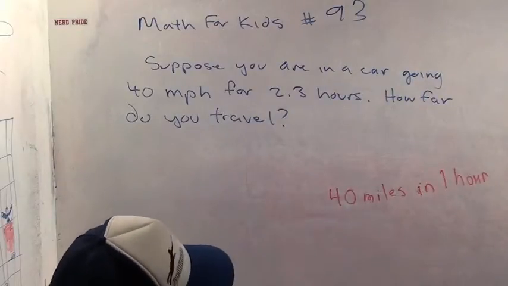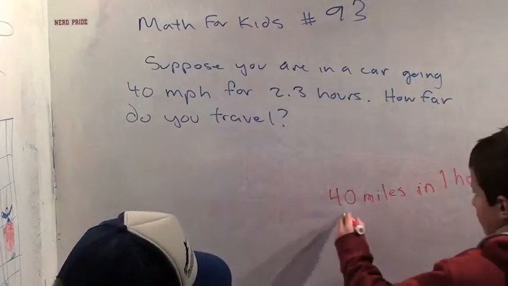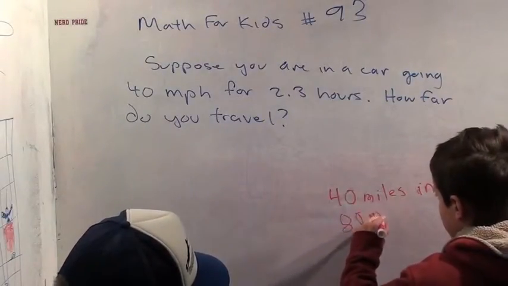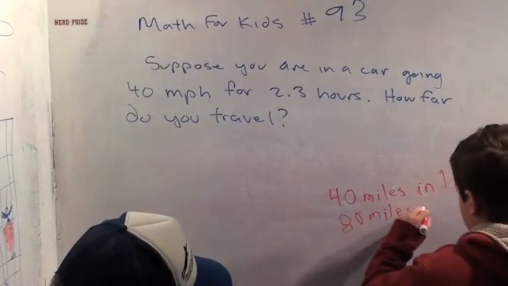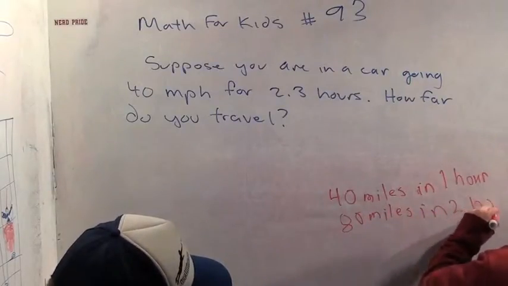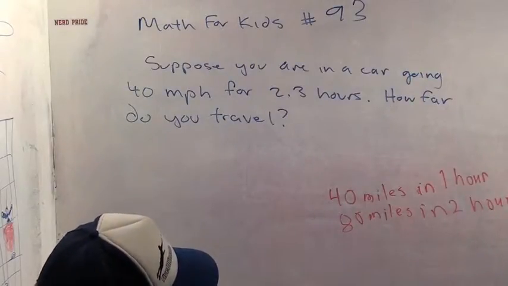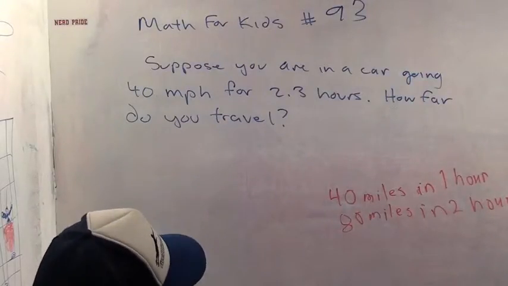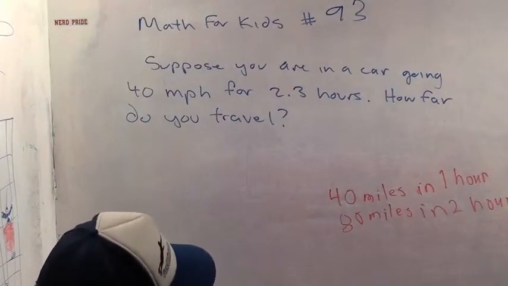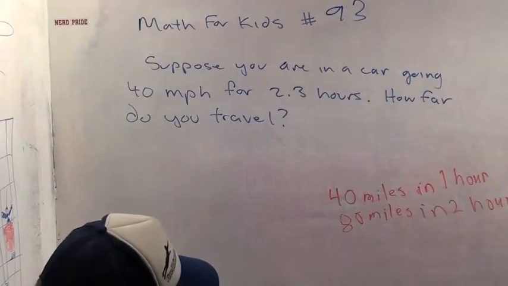So you go 40 miles in 1 hour. So this means 80 miles in 2 hours. Okay. So now we just got to figure out how far you travel in 0.3 hours. Okay, how far do you travel in 0.3 hours, do you think?